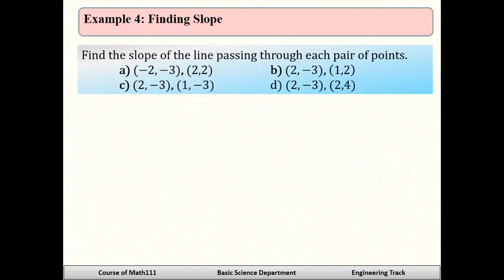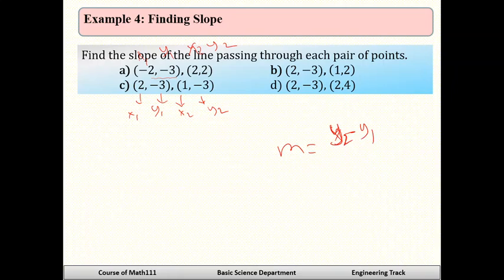So let's look at these points, and let's find the slope of the line passing through each pair of points. This is x1, y1, this is x2, y2, this is x1, y1, this is x2, y2. We will basically use the formula. The formula of the slope is y2 minus y1 divided by x2 minus x1.